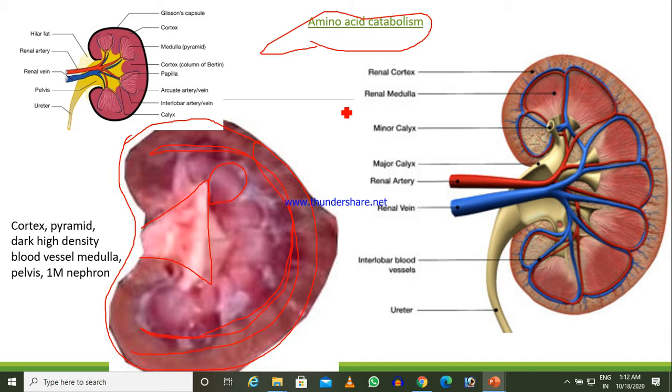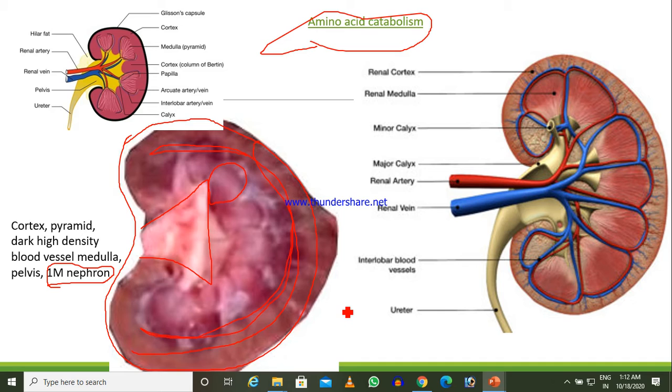That urea comes to our kidney through the bloodstream, and the unit of the kidney is the nephron. About 1 million nephrons are there in the kidney. In the Bowman capsule, inside the glomerulus, refiltration takes place. So urea comes out and is collected in the pelvis as urine.